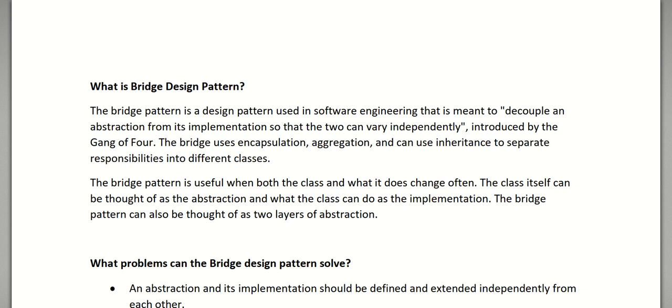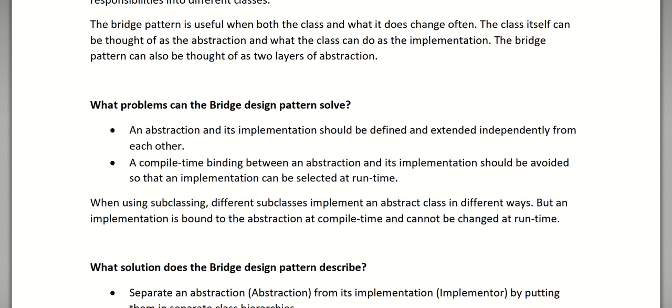So what problems can the bridge design pattern solve? As said, an abstraction and its implementation should be defined and extended independently from each other. A compile time binding between an abstraction and its implementation should be avoided so that an implementation can be selected at runtime.